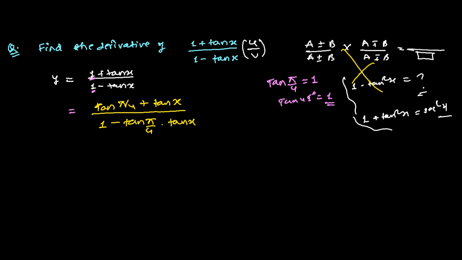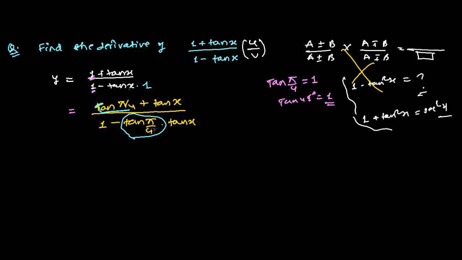I replaced this 1 by tan pi by 4, and I multiplied this tan x by 1. So 1 is actually tan pi by 4, and tan x is as it is. Now we have tan pi by 4 plus tan x over 1 minus tan pi by 4 times tan x.